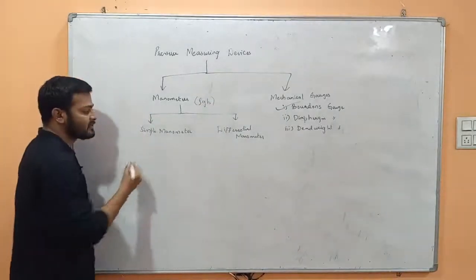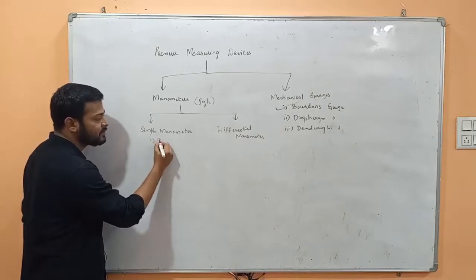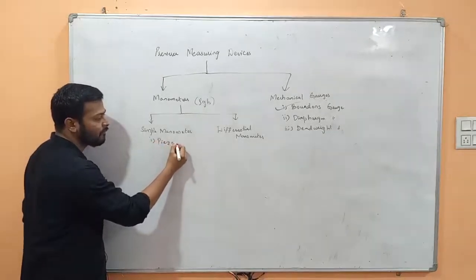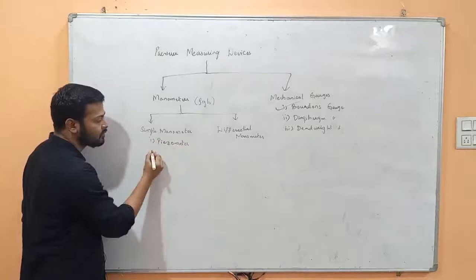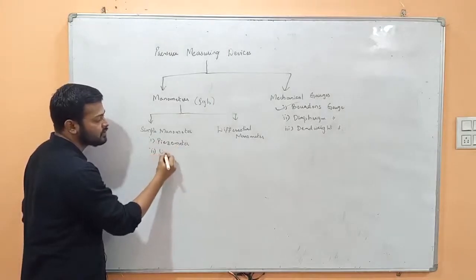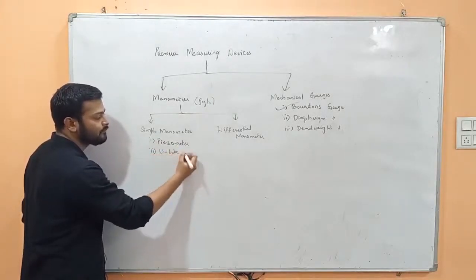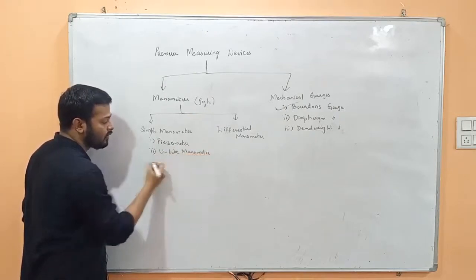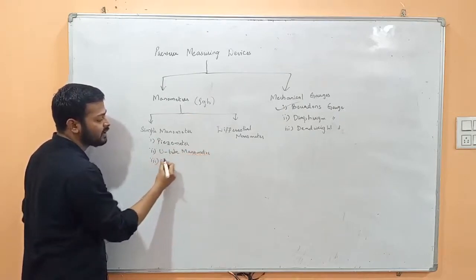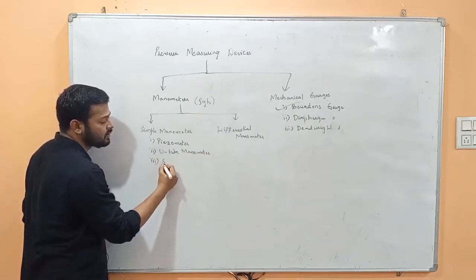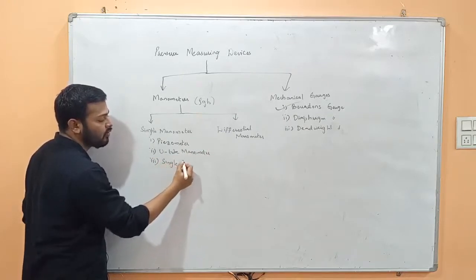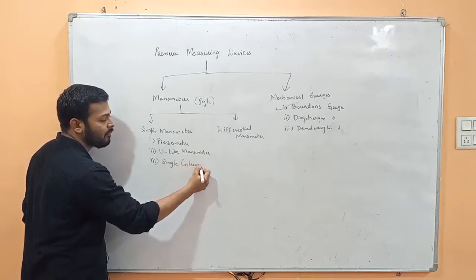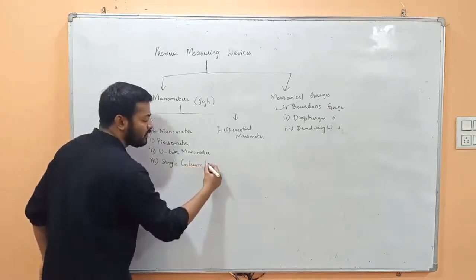In simple manometers, the first type is the piezometer. The second type is the U-tube manometer. And the last type is the single column manometer.